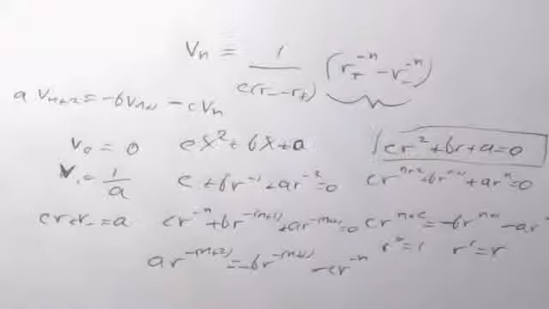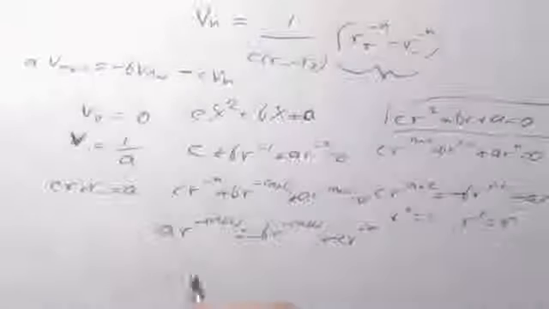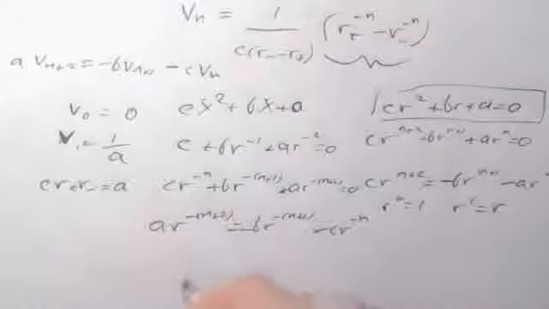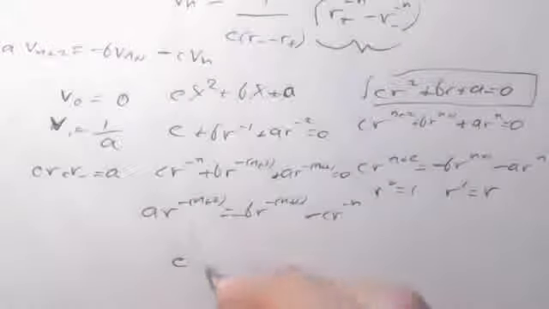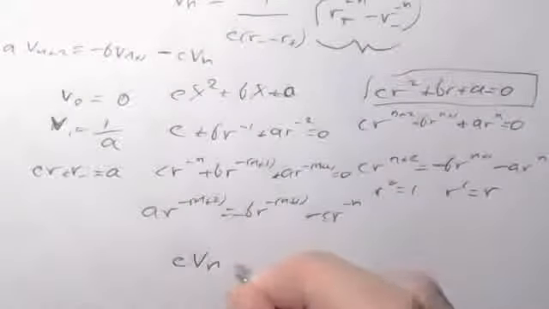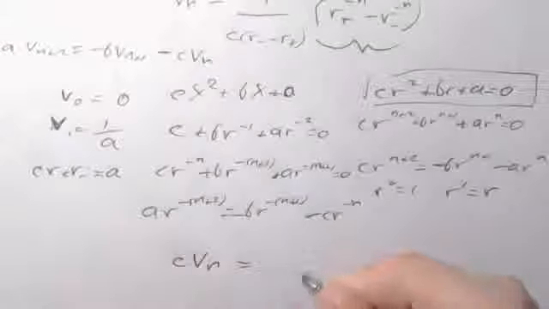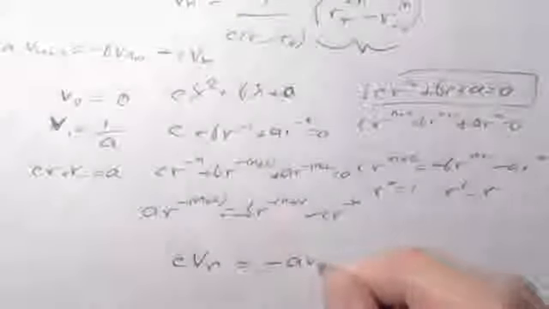with identities. And so basically I started with the basic identity, c vn equals minus a vn plus 2 minus b vn plus 1.